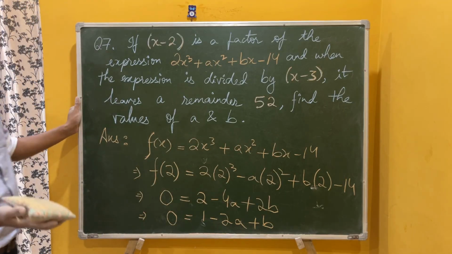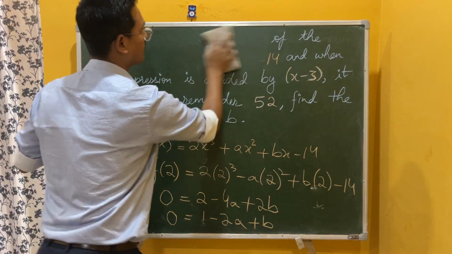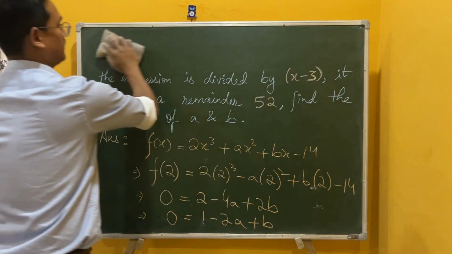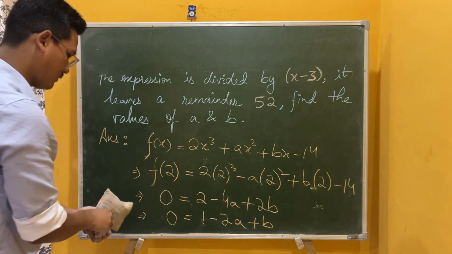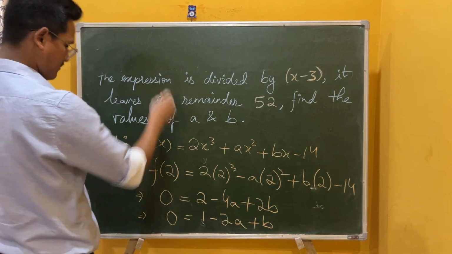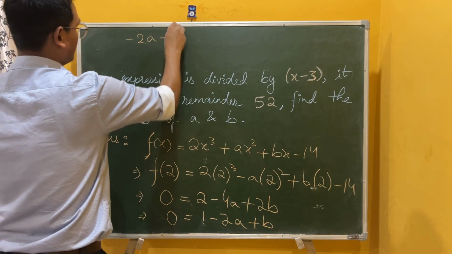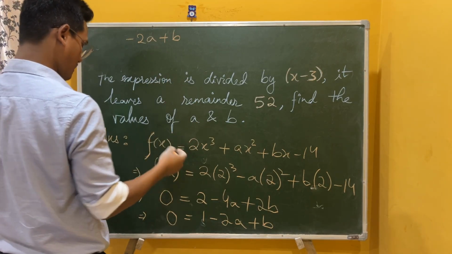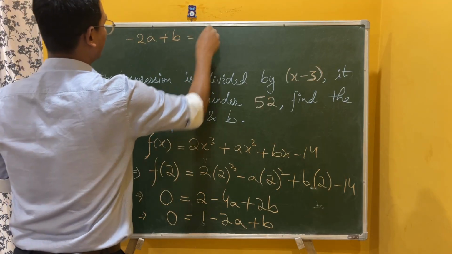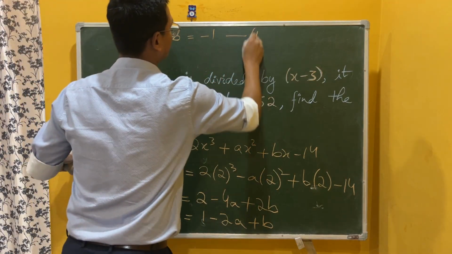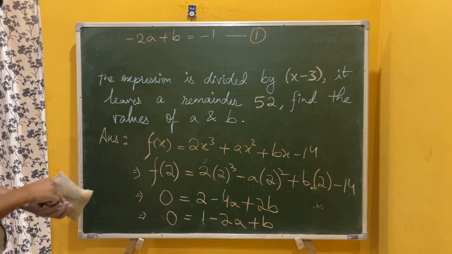I'm erasing the question. So this is going to be minus 2a plus b equals minus 1. Let's keep it like this only. Let's say this is equation 1.